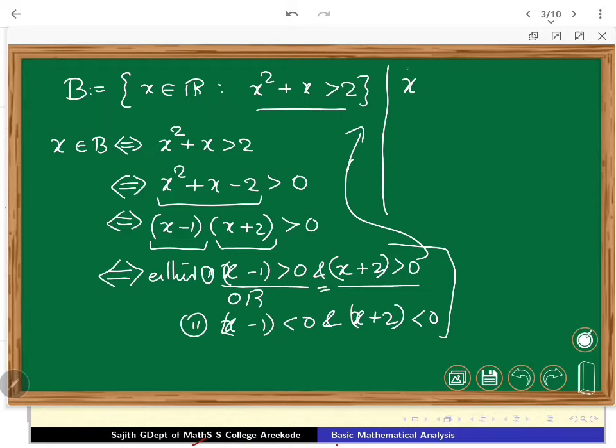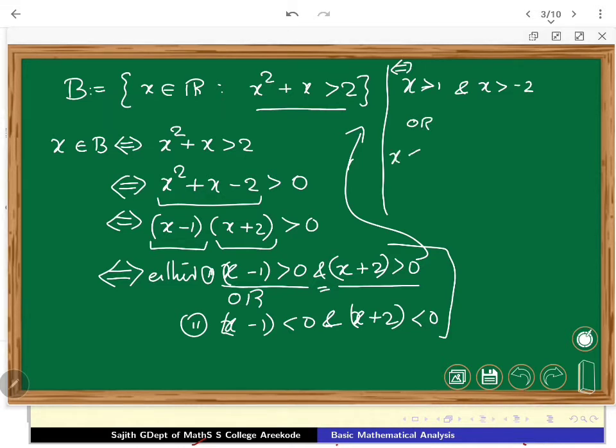So analyzing that, this is implied by and implies the following conditions. The first one is x is greater than 1, and at the same time x is greater than minus 2. Or I can write the second condition, x is less than 1 and x is less than minus 2.